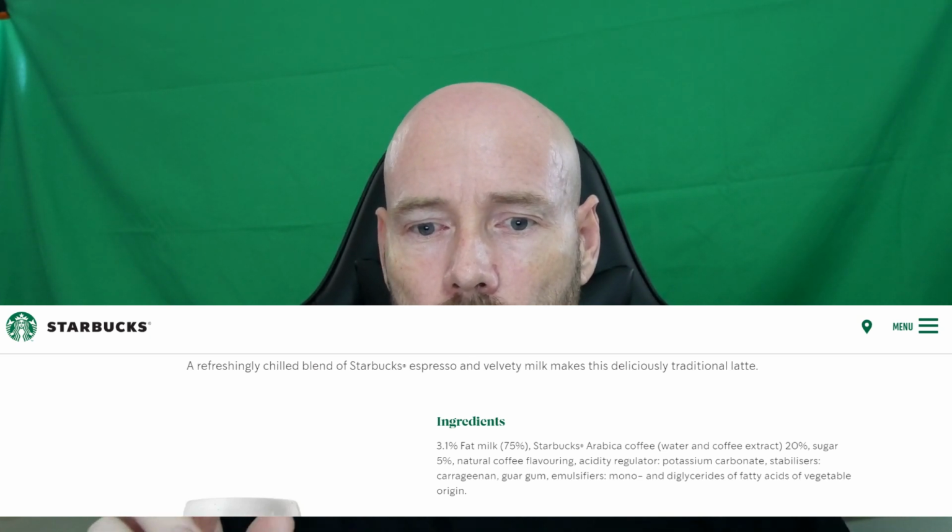The ingredients for just a cafe latte, okay, Carrageenan, okay, this is a stabilizer and it's used in pretty much across the board in all your processed foods, but it's also across the board in your Starbucks coffees. Okay, now the next one, the fatty acids of vegetable origin.